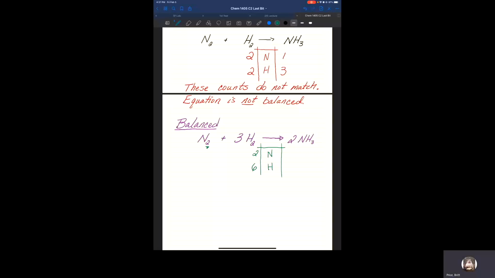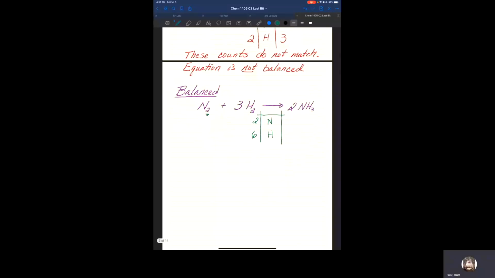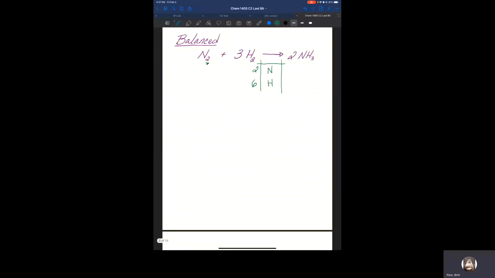If you'll allow me to do a little bit more of a pictorial representation of what this 3 means, and my implied 1 here.